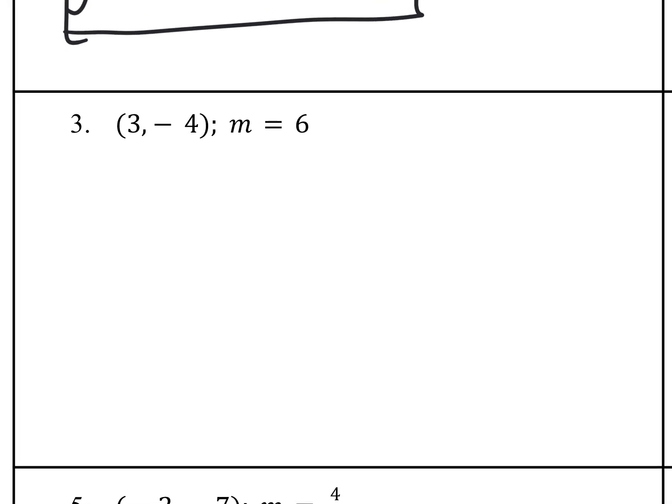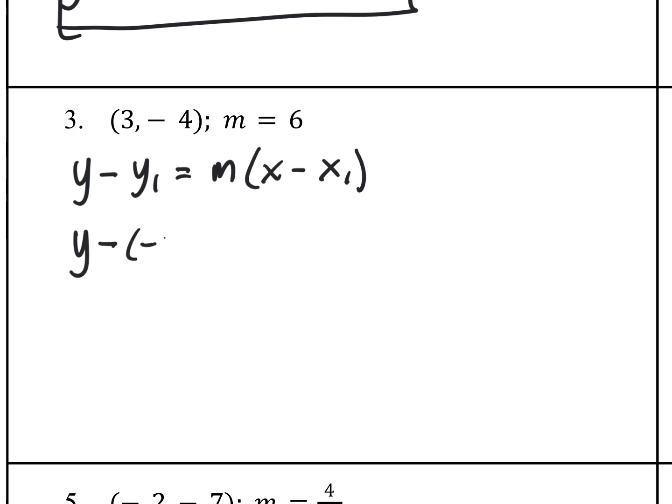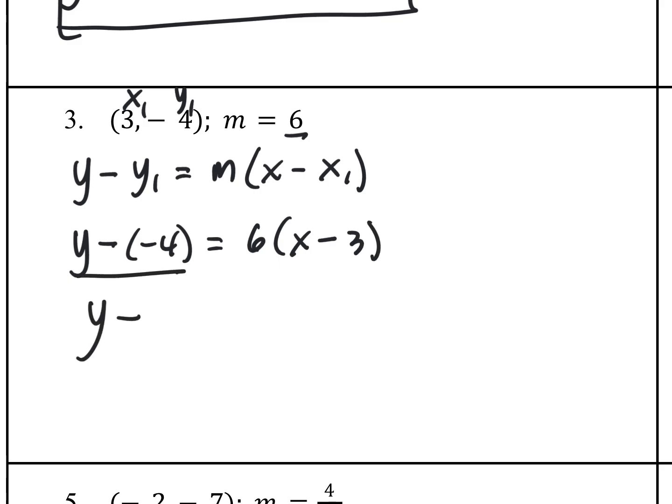The point is (3, -4) and the slope is 6. So y minus y1 is equal to m times (x minus x1). Simplifying, y plus 4 is equal to 6 times (x minus 3).